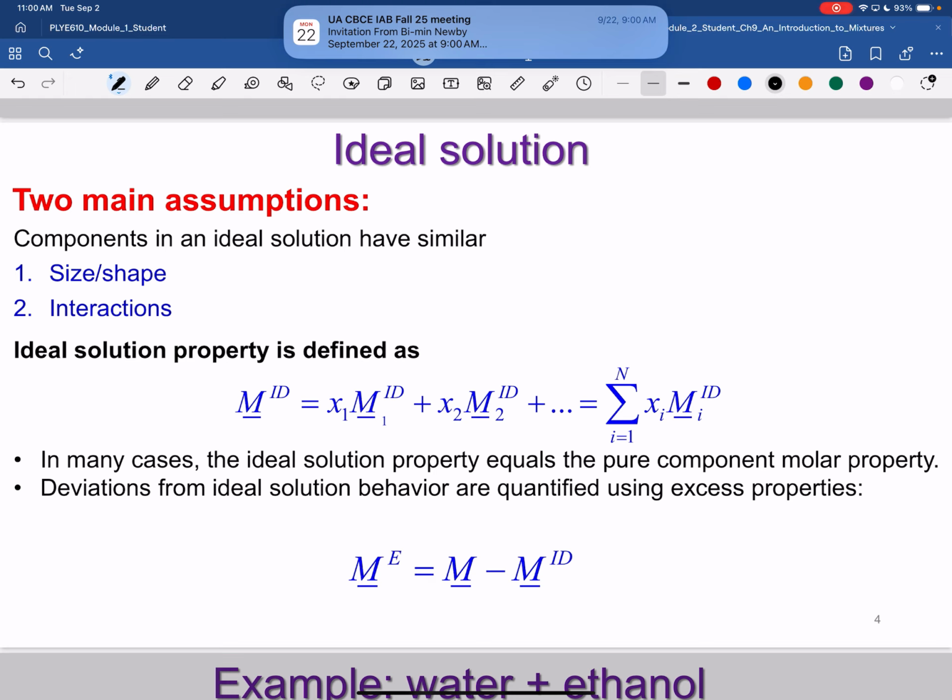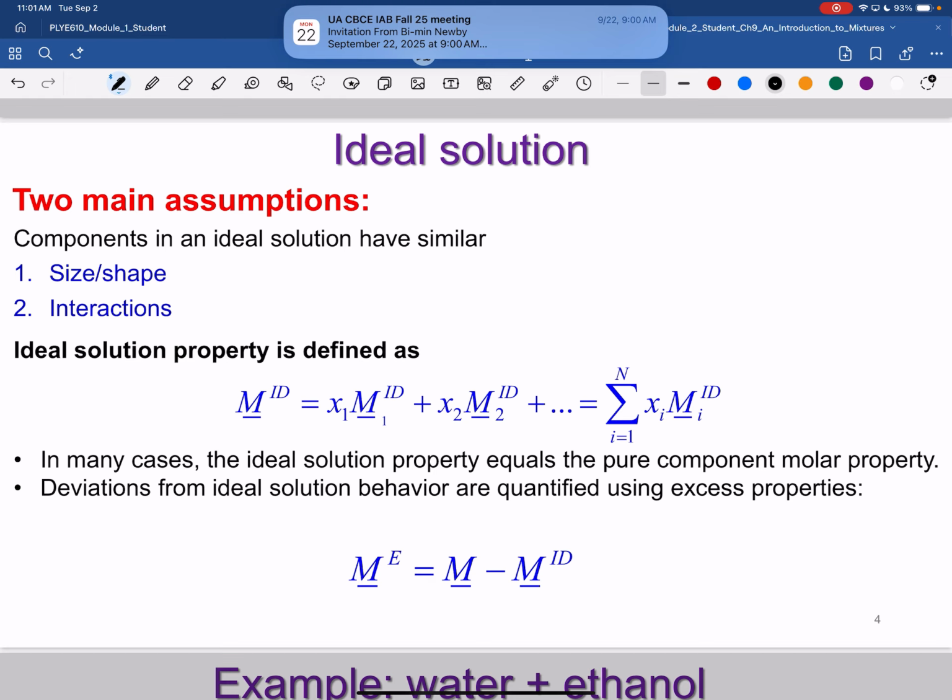The 100 milliliter that you said corresponds to the case where molecules are exactly the same thing. So you add 20 milliliter of water and 80 milliliter of water, and the resulting liquid is going to be 100 milliliter.